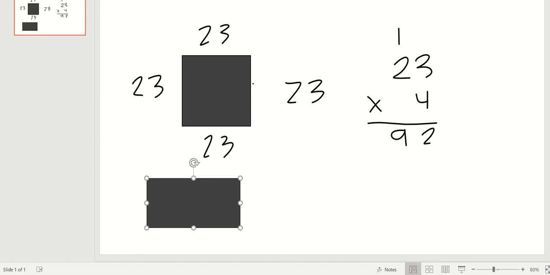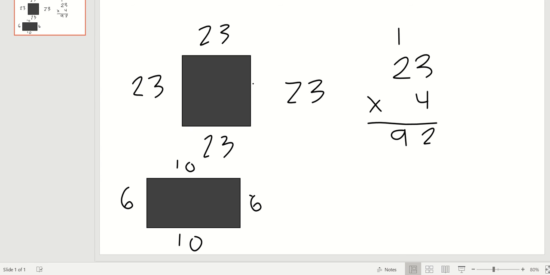So that means the longer side is 10 and the shorter side is 6. Now, we know that the rules of a rectangle are that the parallel sides are equal. So if this is 6 over here, then this must be 6 over here. If this is 10, then this must be 10. And then I'm going to find the perimeter.